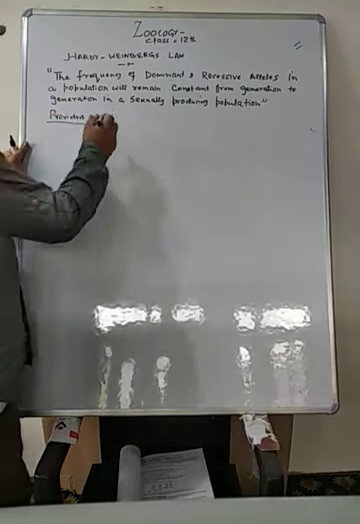Similarly, recessive alleles of a population will be represented by small a. You will represent dominant alleles as capital A, and recessive alleles as small a.